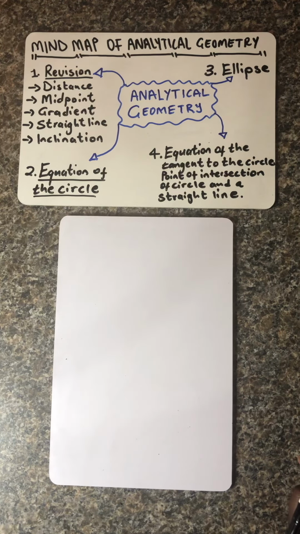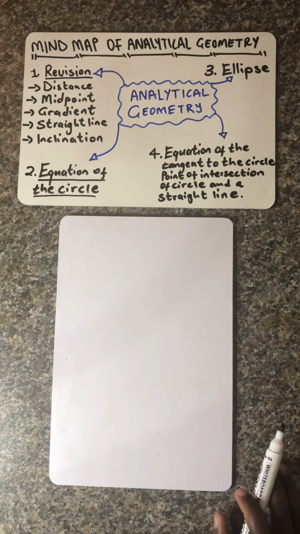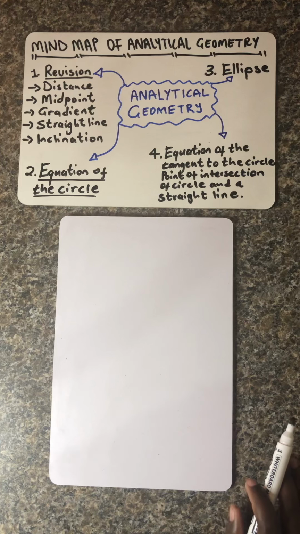But otherwise, ladies and gentlemen, luckily we've got lessons similar to this one where I'm very much interested in taking you through the stuff that you learned in your previous lessons. Obviously, you might find that some of these things you'll be studying for the first time in grade 12.